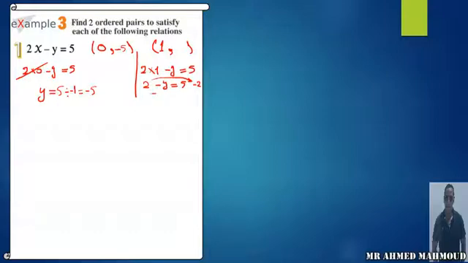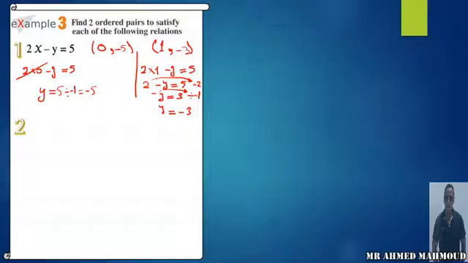The negative y equals 3. I will send negative 1 there as a divide by negative 1. Then y equals negative 3. Then the value of y will be negative 3. Then the two ordered pairs are (0, negative 5) and (1, negative 3).